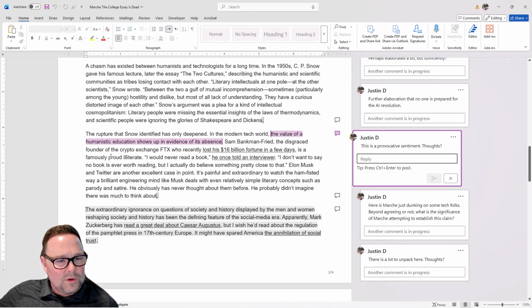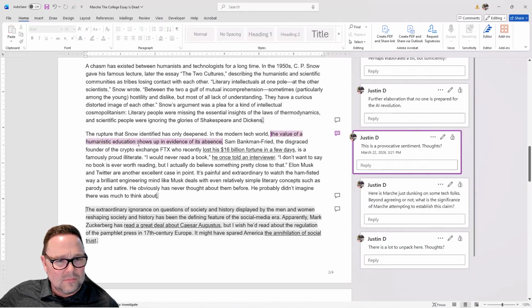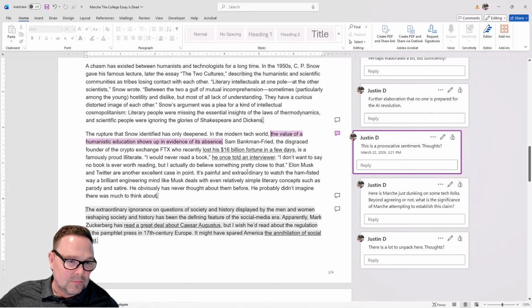What does March mean right here? Evidence of its absence. So March is foreshadowing a bit, as we'll see, another part of his claim that the humanities, with them being partially to blame, really haven't factored in heavily to the onward march of technology in the form of AI, and specifically AI in higher ed.